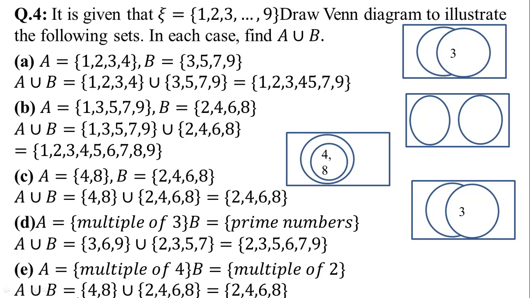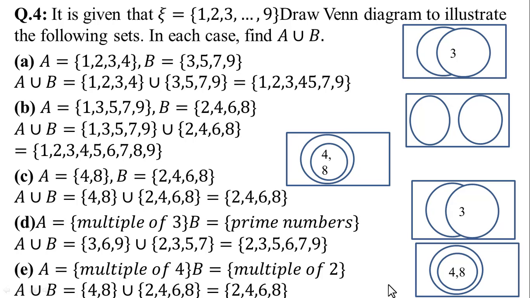So A union B: the multiples of 4 are 4 and 8 and the multiples of 2 are 2, 4, 6 and 8. Taking the union, the answer is 2, 4, 6 and 8. Draw the Venn diagram. First of all, the universal set. Now the second set is contained in the first set, that is 4 and 8.